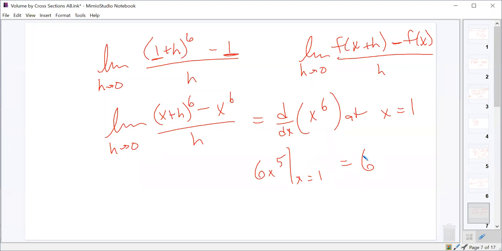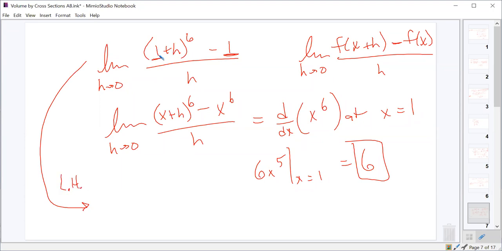So that's the first way that we could go about doing those. But second, we could just look in here and go, well, if I plug in 0 for h, then I end up with 1 minus 1, which is 0, over 0, which is indeterminate. And I could use L'Hopital's rule if I wanted to.